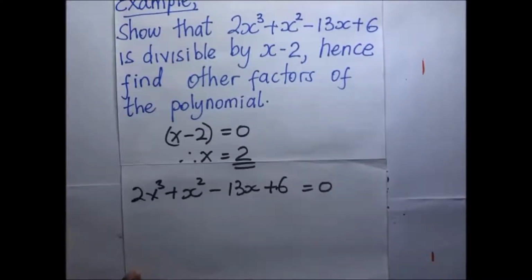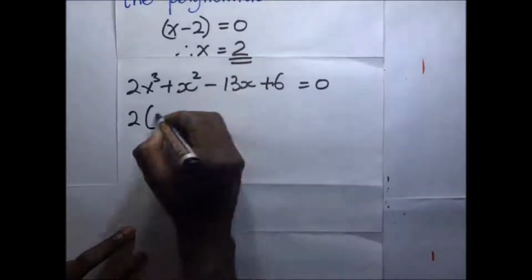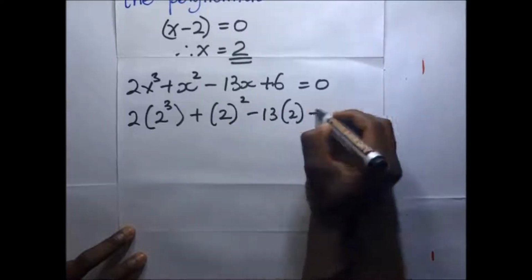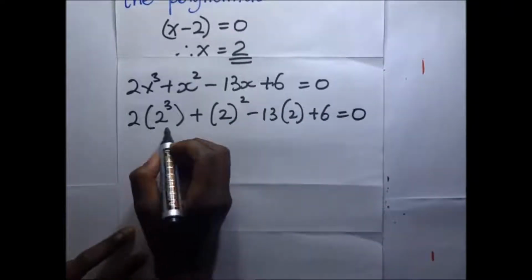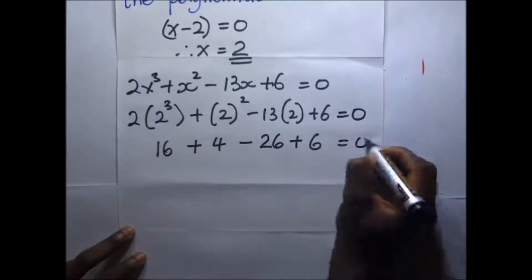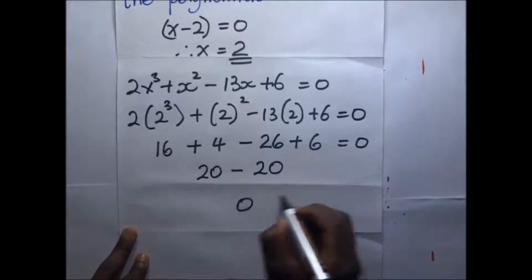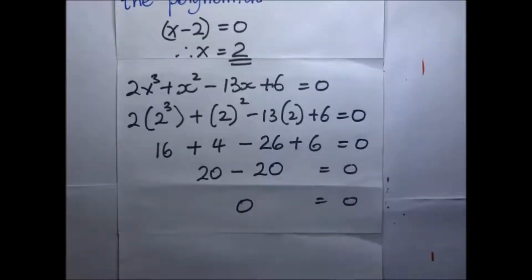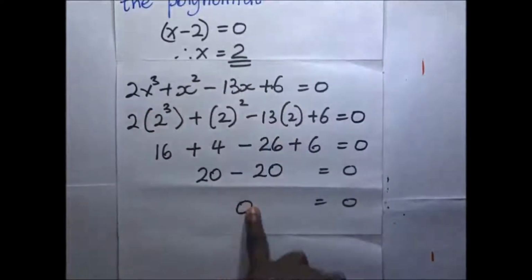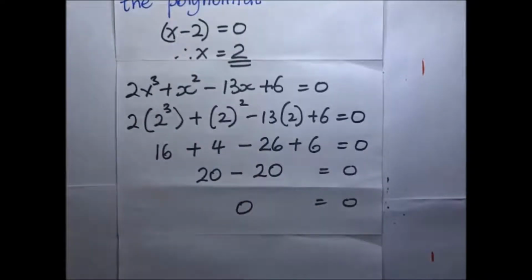We substitute, so it becomes 2 into 2 cubed. When we substitute the value of 2 in this polynomial, we are going to end up with 0. So that means that indeed, x minus 2 is a factor.